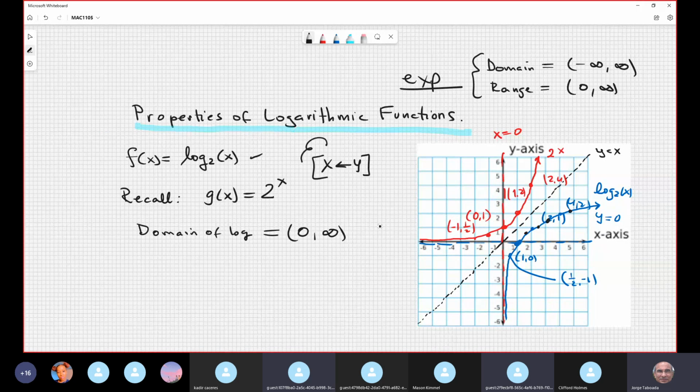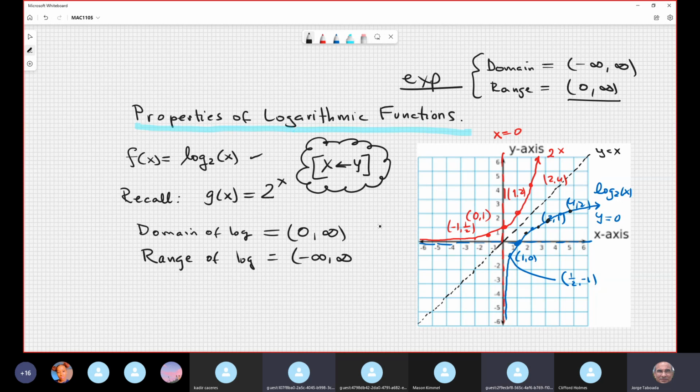Therefore, the range of the exponential becomes the domain of the logarithm, and the range of the logarithm is now the domain of the exponential, from negative infinity to positive infinity. Wow, it's logical because when you project the blue curve onto the y-axis, we cover positive, negative, and 0.